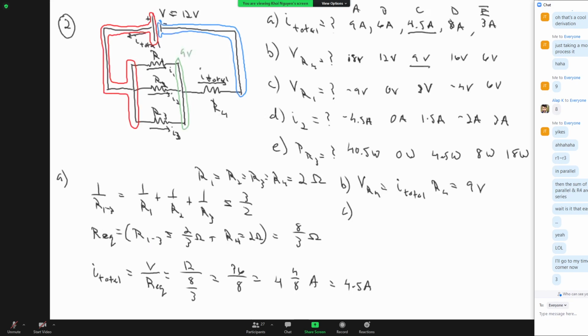Because blue is 0 volts, right? And red was 12 volts. So it had to be equal to 3.